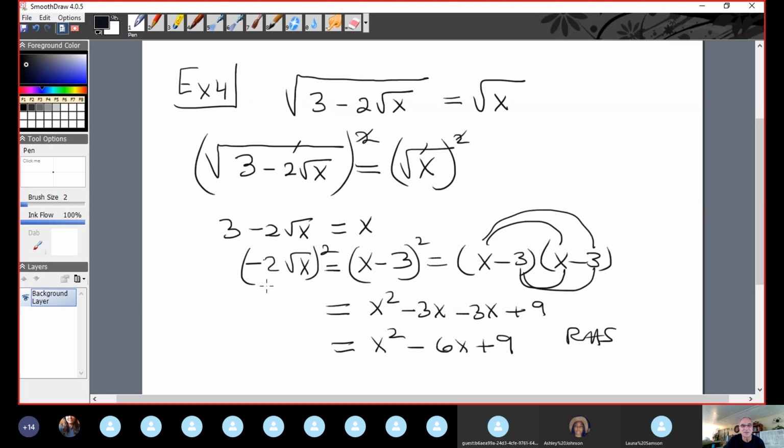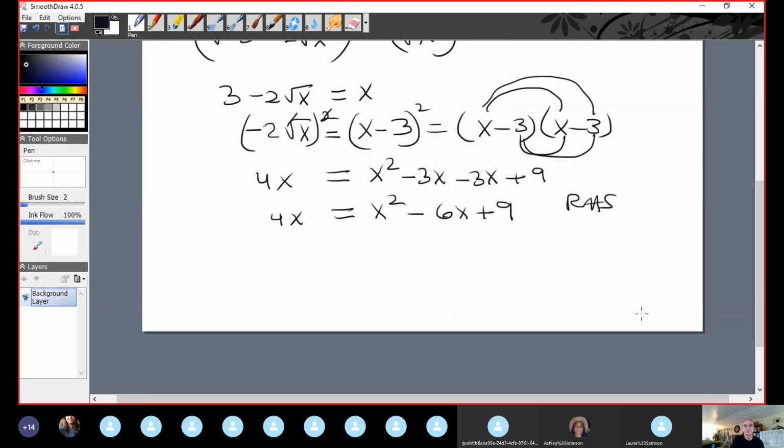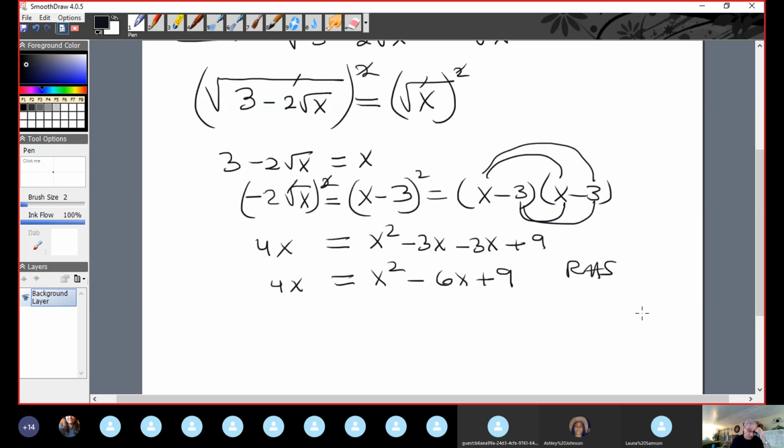The left hand side is easier, because negative 2 squared is 4, and the radical and the exponent cancel out, leaving just x. So I recognize what kind of equation we have at that moment.